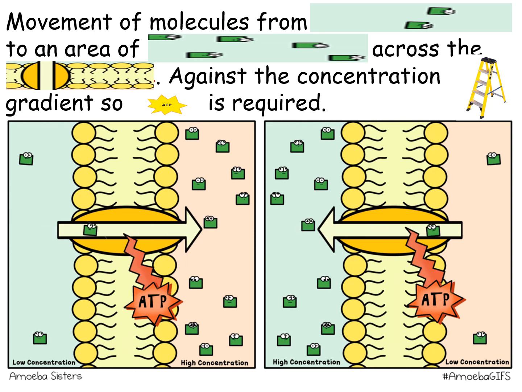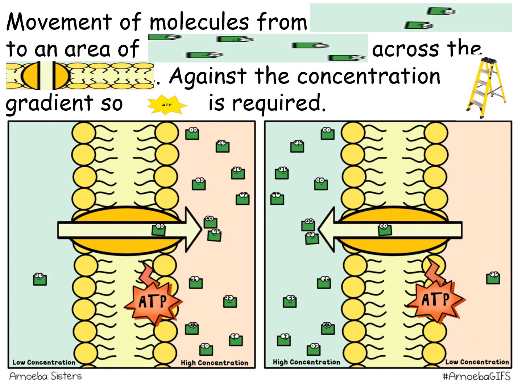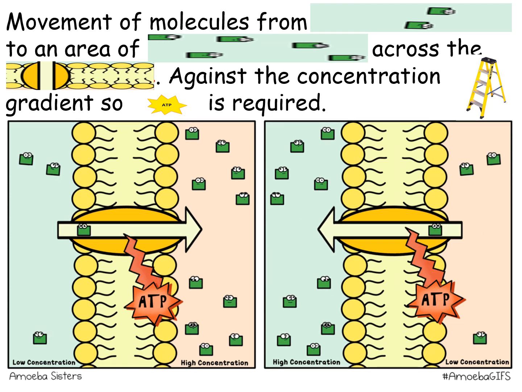So let's move on to our final transport mechanism, which is active transport. Sometimes cells require substances that occur in a lower concentration outside of the cells than within them. For example, plants need to absorb certain mineral ions from the soil, like nitrates, to make proteins.